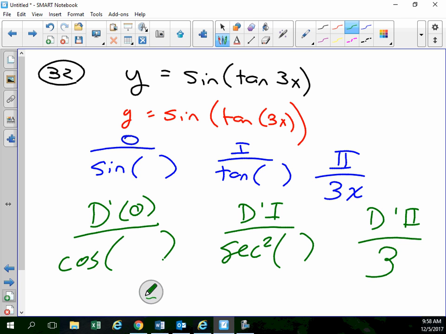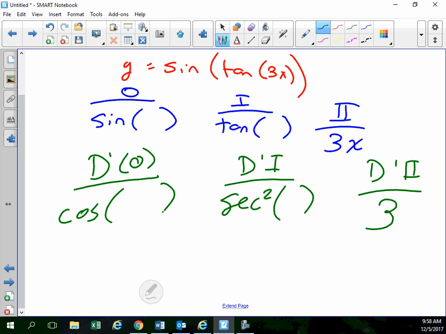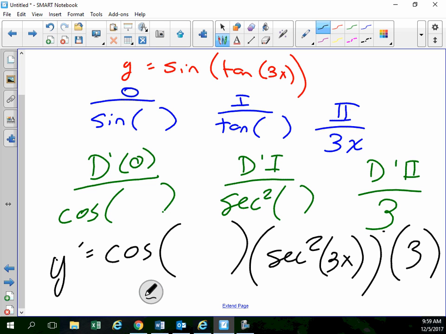Do you all realize that if you write it like this, and literally underneath, if you go diagonally, what's inside goes in here? The reason I do this is so you can see it easily. y prime equals cosine of parentheses, times secant squared of parentheses, times 3. What goes in the secant squared? 3x. What goes in cosine?